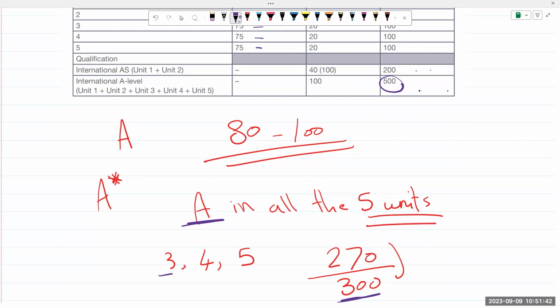Okay? To achieve high score in the Oxford paper, actually it's easy, but still we have to study and solve past paper. First of all, the content of the 5 units, actually it's easier than Edexcel and Cambridge. I believe in that because many topics repeated from the IGCSE level, so not so far.